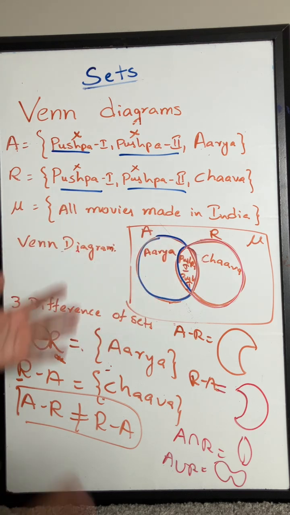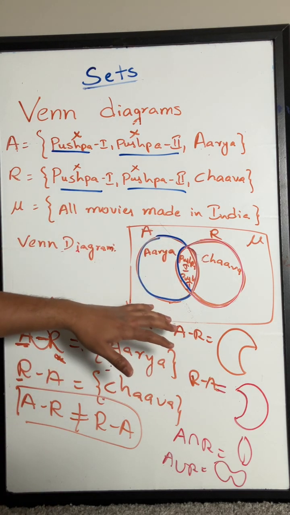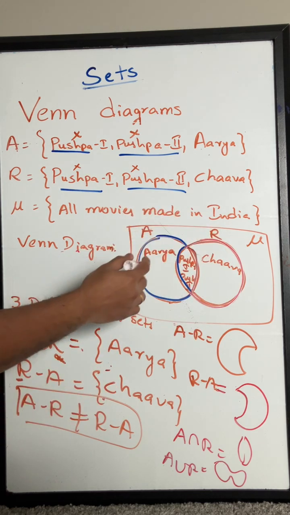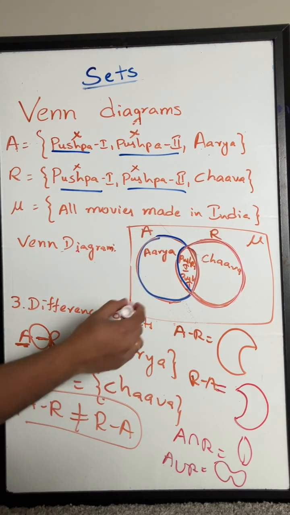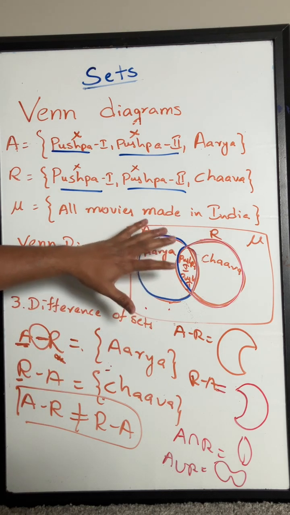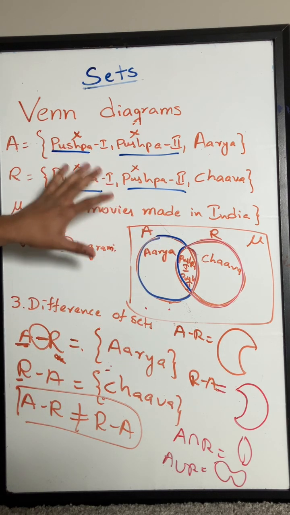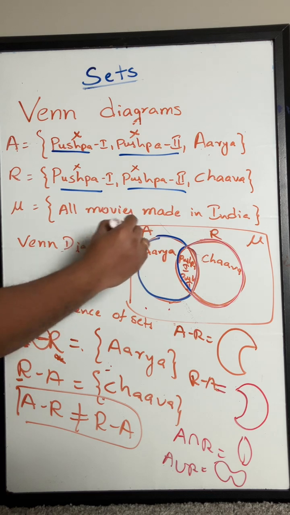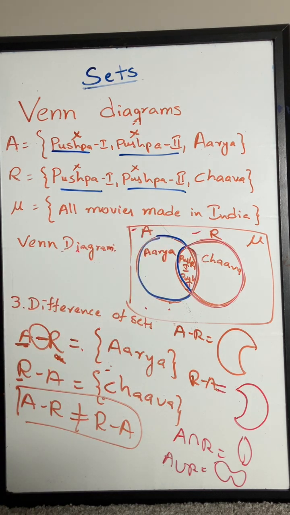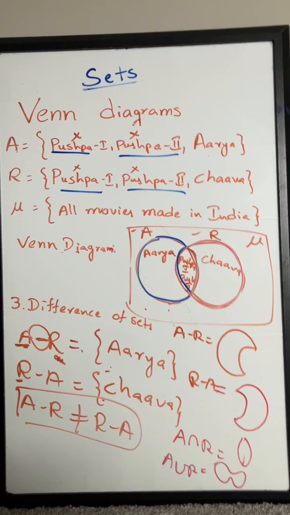We are not taking Pawan Kalyan's and everybody's movies, though they are also part of the universal set, all movies made in India, not only Allu Arjun's and Rashmika's. There are Pawan Kalyan, Chiranjeevi, many actors who also acted. But in this SSC board, you only work with two sets, not many sets. So this is all you need to learn for your exam.